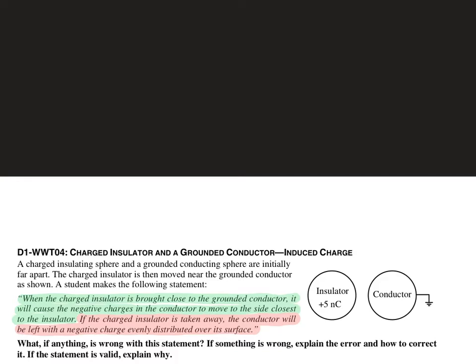So in this case you literally have negative charges, more of them going here than here, but they are being pulled from ground. So you can pull charge from ground. And if that insulator is taken away, thus taking away the positive electric field that caused the draw of charge, well then all this just goes right back, and it would go back to being neutral.